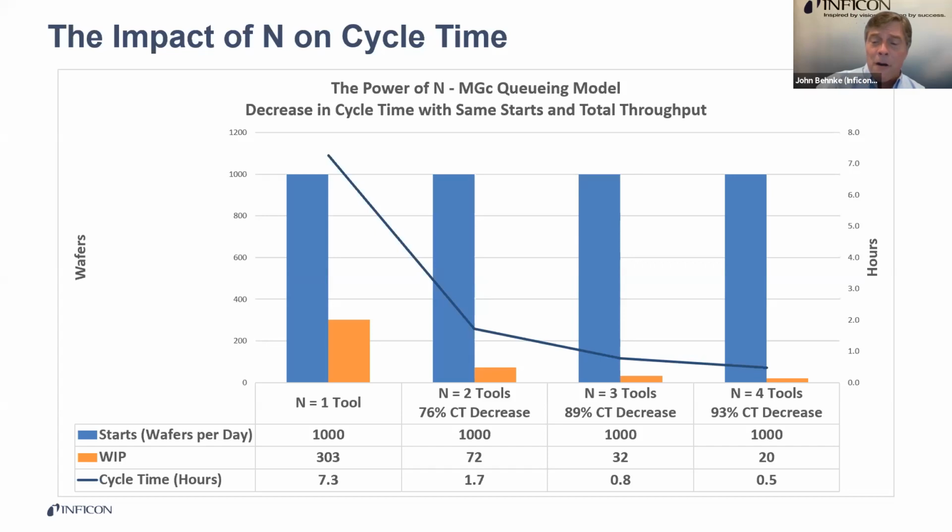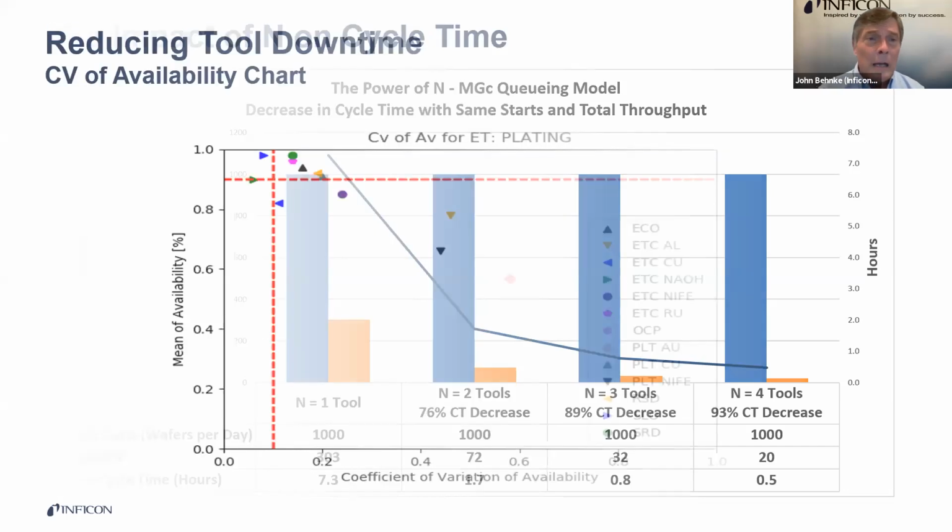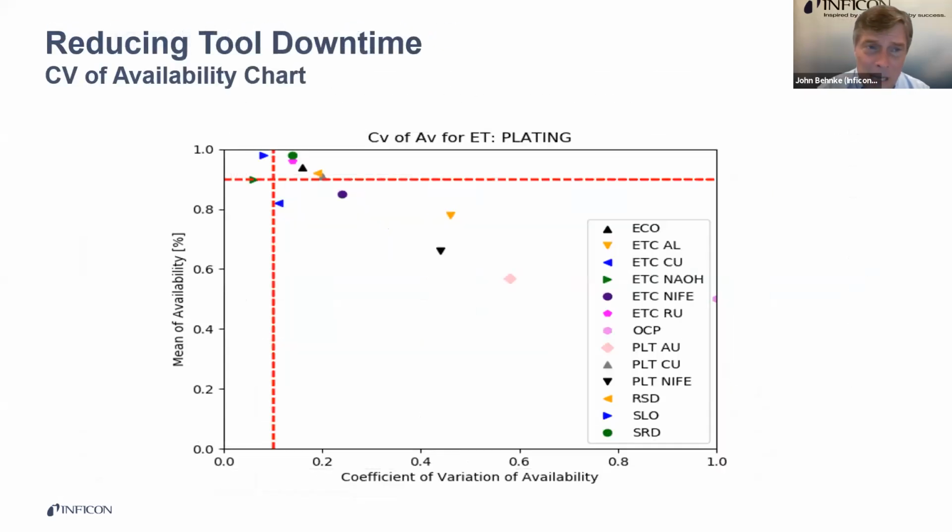But N is by far the single biggest driver. The other big driver we talked about is cycle time. Cycle time is variability. And so process uptime variability is notoriously influential on factory performance. Most people like to plot the CV of availability.